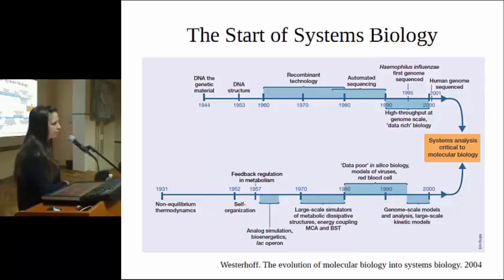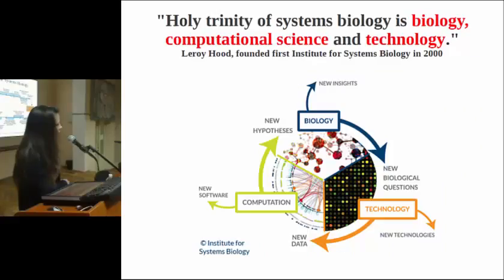Only when these two timelines crossed was systems biology born. But only in 2000 was the first Institute of Systems Biology founded, and it formulated the Holy Trinity of systems biology, which is biology, computational science, and technology.